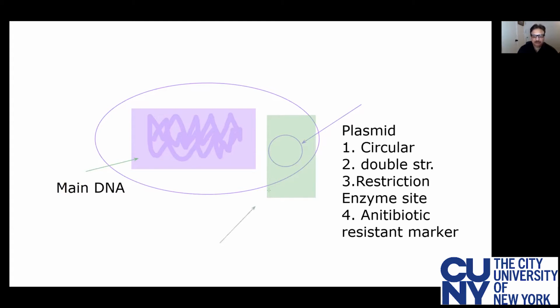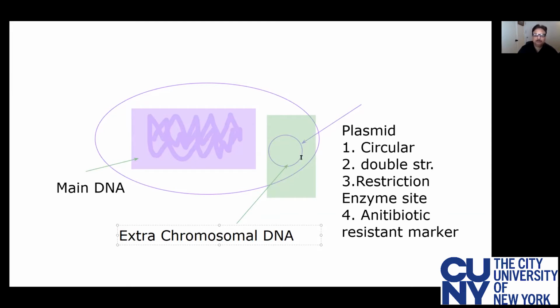The plasmid DNA is called extrachromosomal DNA. If this extrachromosomal plasmid DNA is absent, bacteria will not die. I repeat, if the main DNA is lost, bacteria will die. If the extrachromosomal plasmid DNA is lost, bacteria will not die.